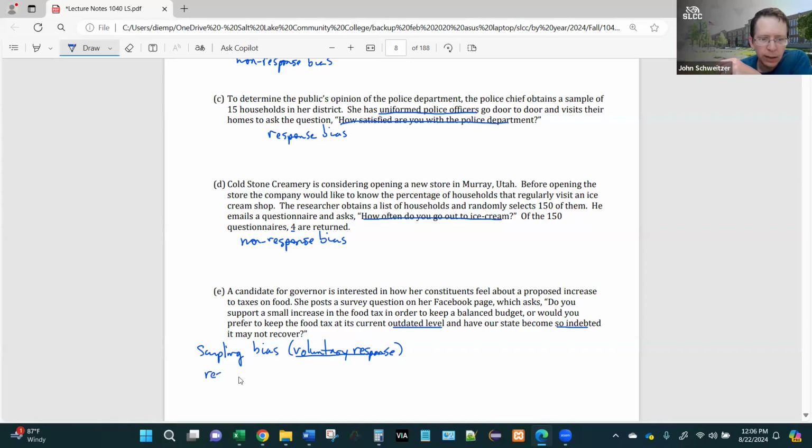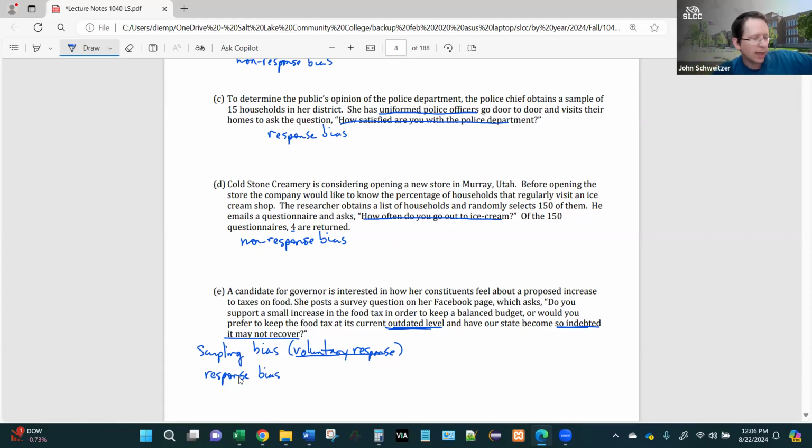and probably also a response bias. This is kind of a silly question to ask, right? Using all of these weird words like outdated and indebted, so it might not recover, right? It's just a silly survey, right? But these are actually done all the time by partisan groups that aren't really focused on truth, right?